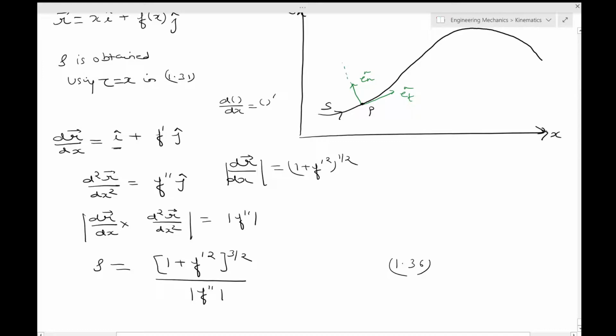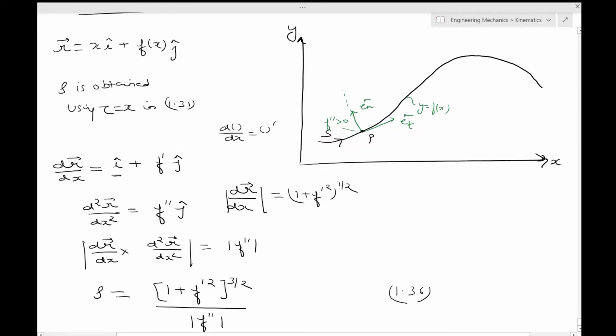Then over here the double derivative is positive at this point, so you will say that f double dash is greater than 0, and this clearly is, needless to say, y equal to f of x. Similarly, at this particular point on s, you will have an En, and again there will be a center, then there will be a tangential t hat, and at this particular point f double dash will be smaller than 0.